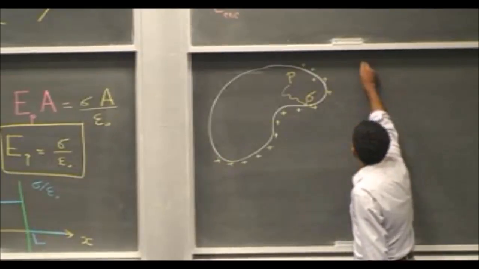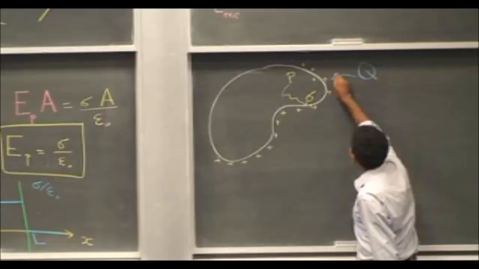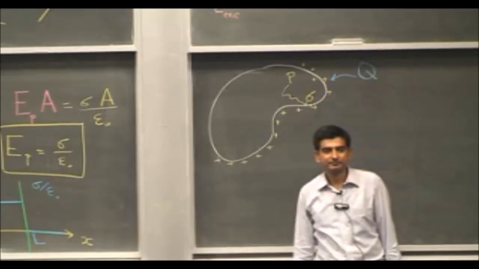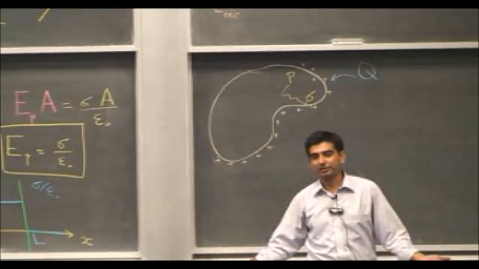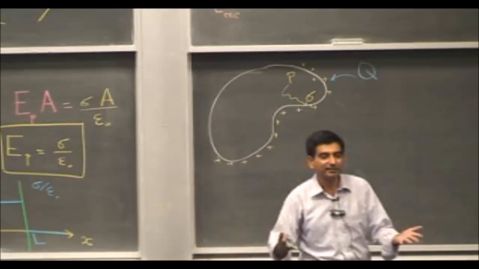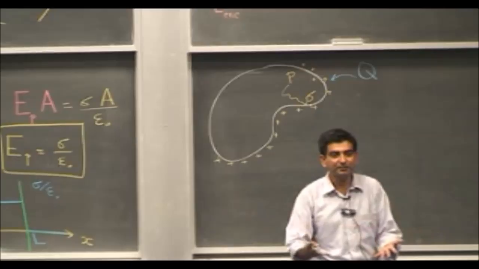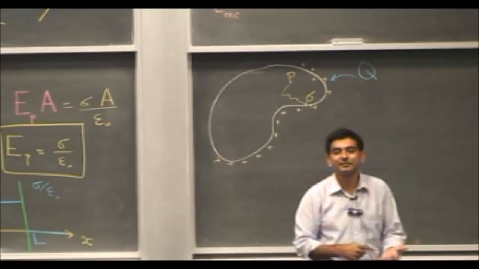So if I have charge Q that is distributed on this surface, this charge in general will not be uniformly distributed. Why is that the case? Could anyone tell me?